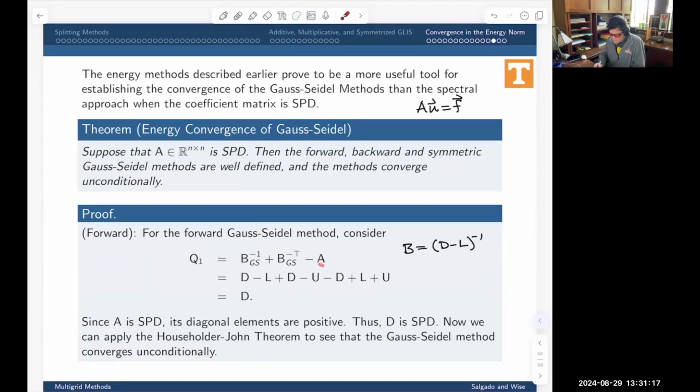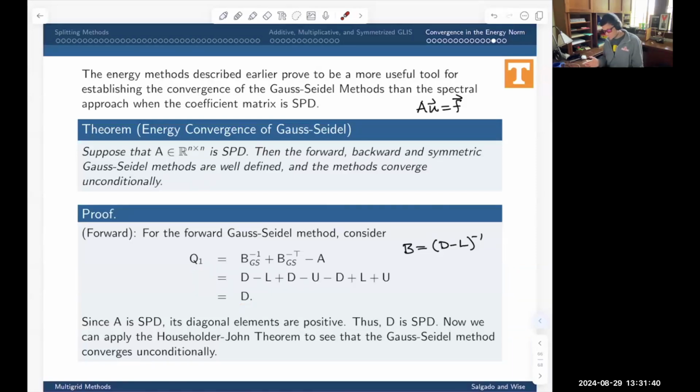A is equal to D minus L minus U. So if I have minus A, I get minus D plus L plus U. And then we get a lot of cancellation. Minus L minus U cancels with plus L and plus U. And I get two D's minus a D. That just gives D. So the question is, is this matrix symmetric positive definite?